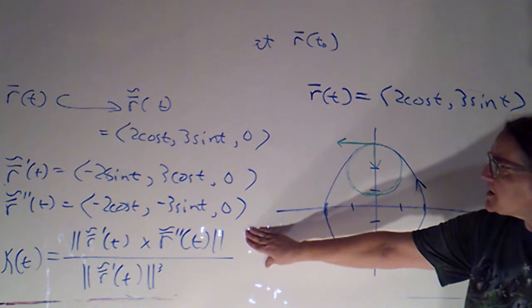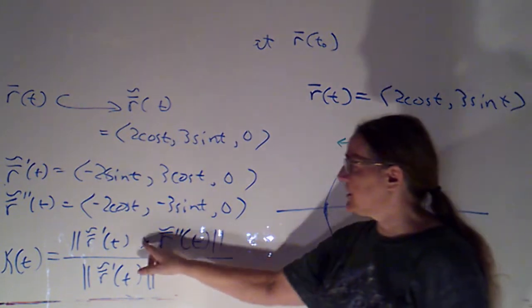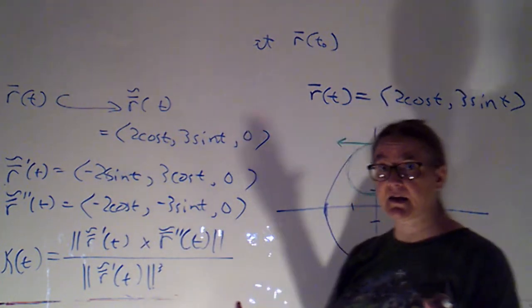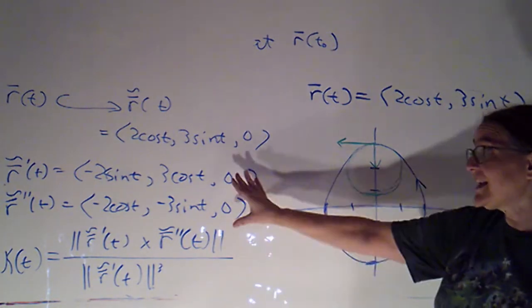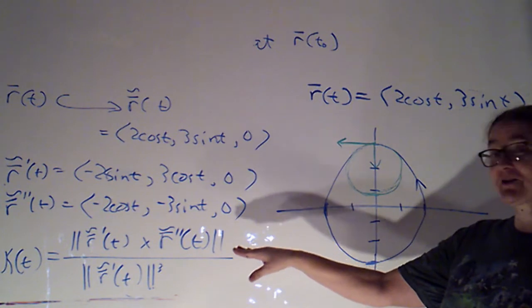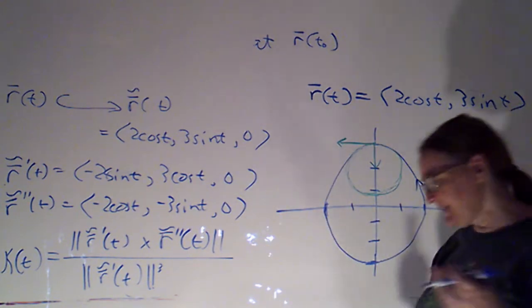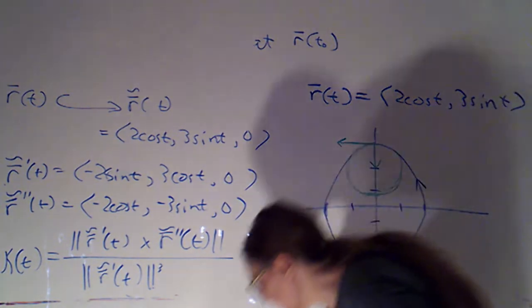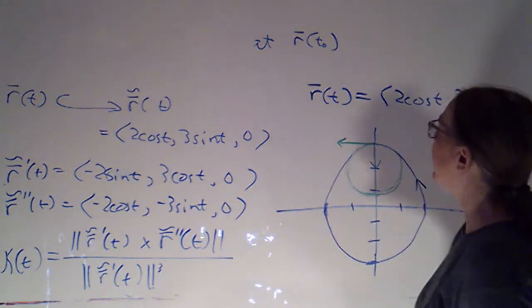Okay, notice what I'm doing here just involves taking a cross product and magnitude. I'm done taking derivatives. So if I want, I can go ahead and plug in pi over 2 before I take the cross products and the magnitudes. That's just some strategic laziness. I kind of like to do that.